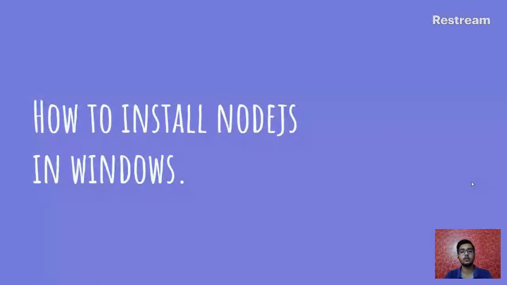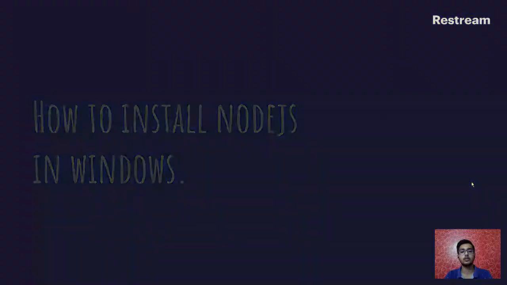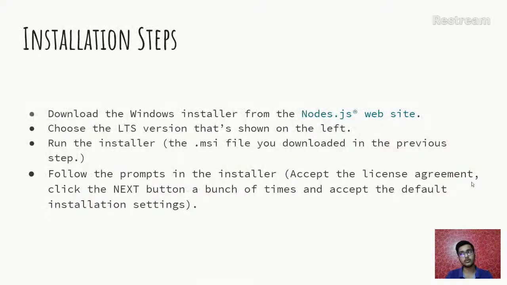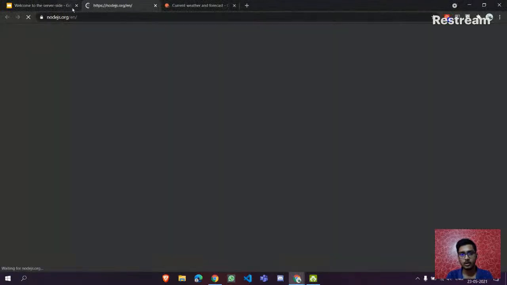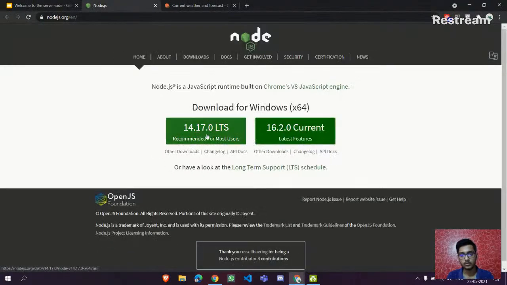Okay, how to install Node.js in Windows. So first of all, you need to download the Windows installer from the Node.js website, and then you have to choose the LTS version that's shown on the left. Let me show you. You have to choose this LTS version instead of the current version.